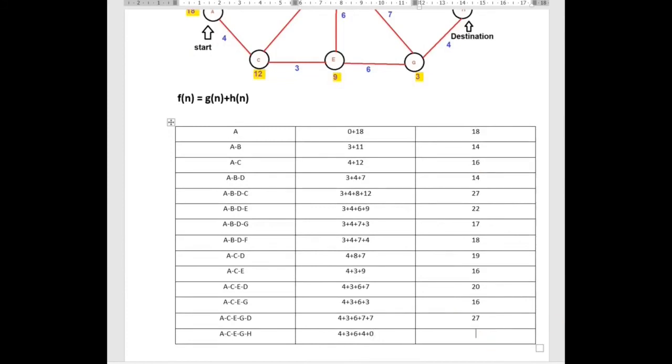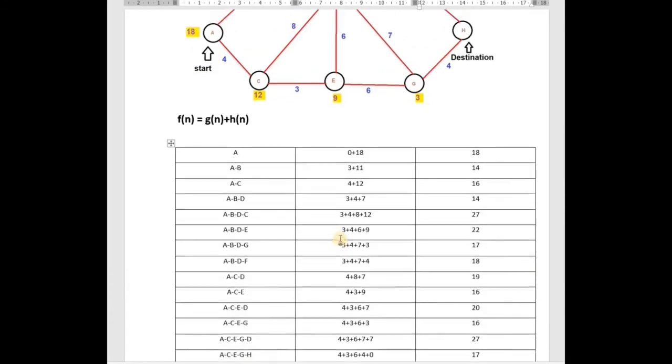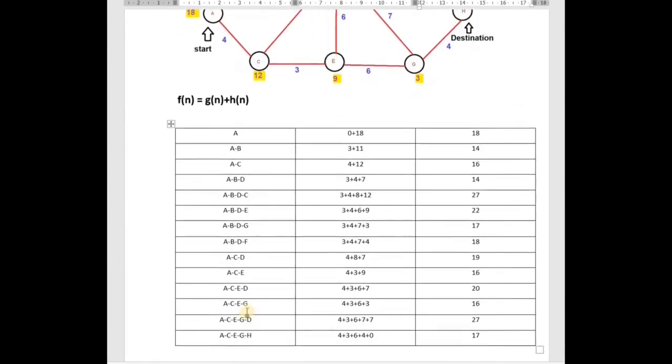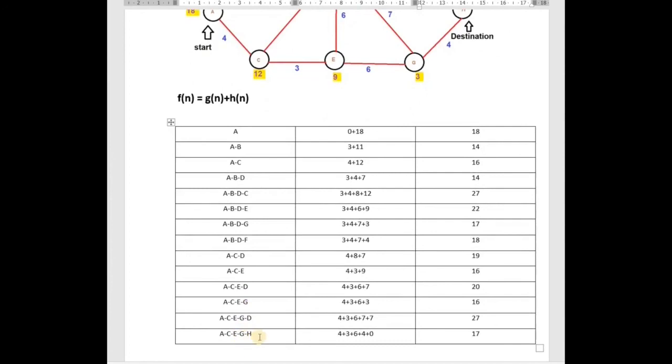So I am getting the path cost as 17. So for reaching A to H, I can take this path A, C, E, G, H.